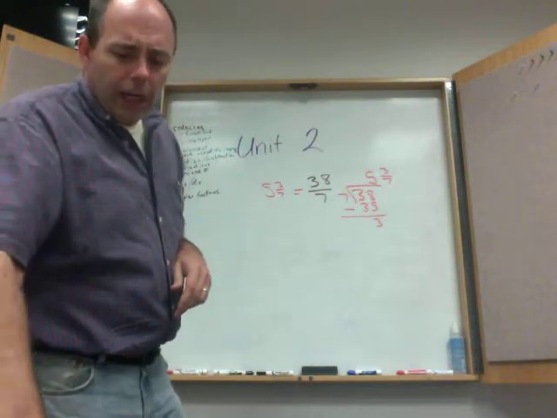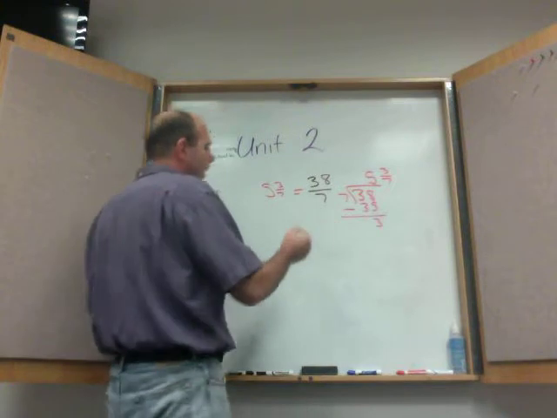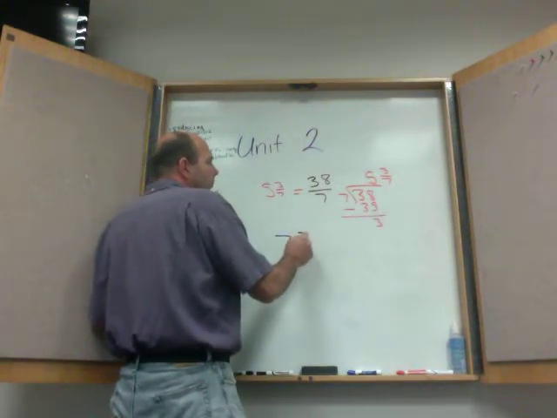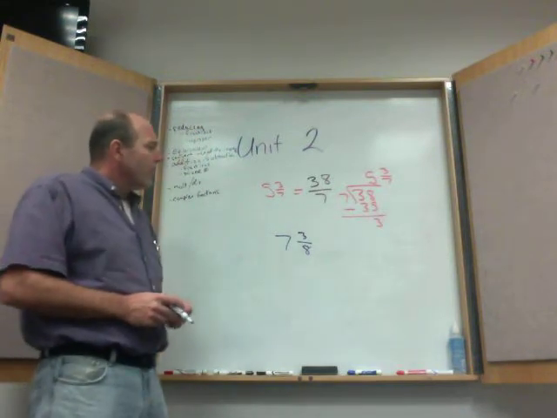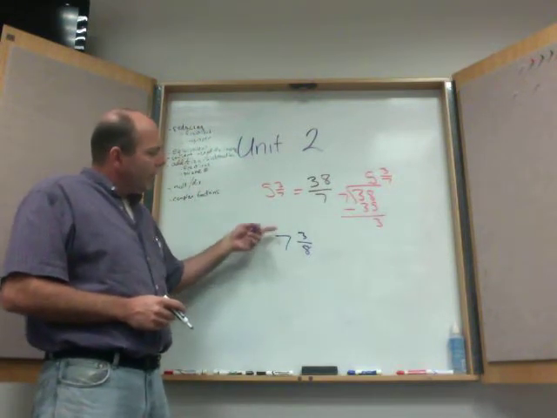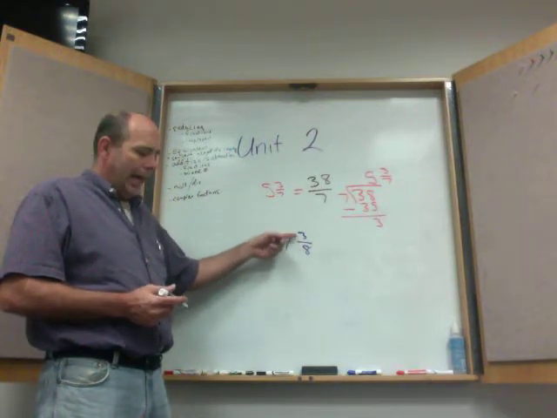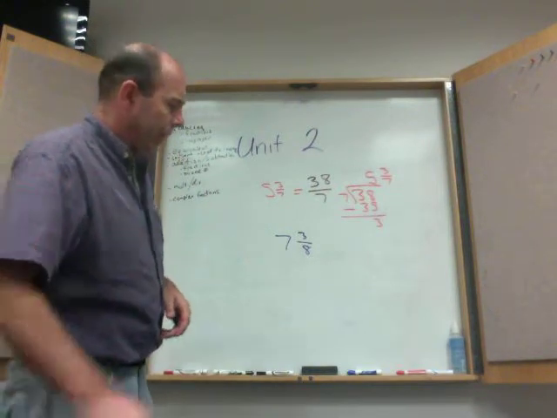To go the other direction, let's say I had a number like 7 and 3/8. The simple trick to that is I multiply my whole number times my denominator and add my numerator. So let's take a look at what happens there.